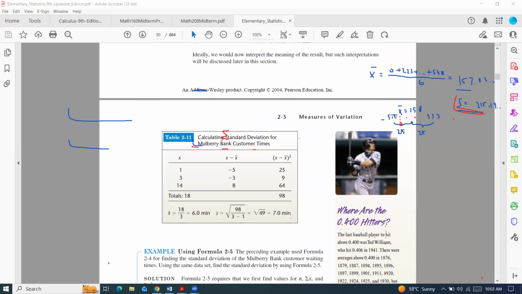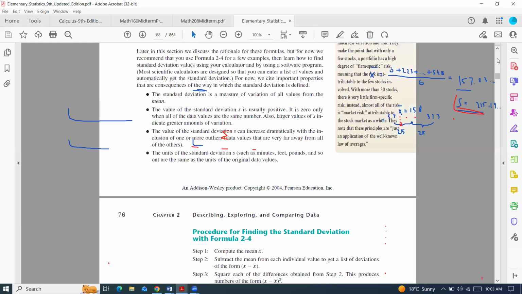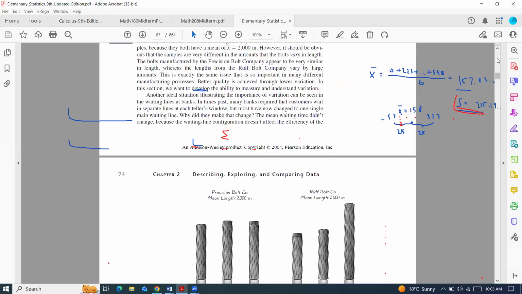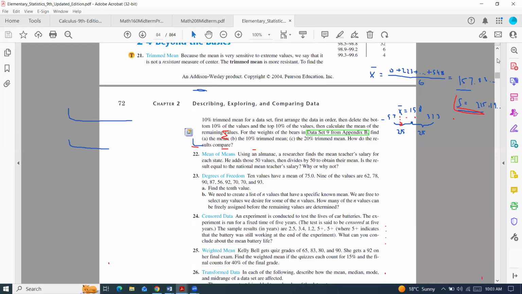But for us, all we want is to use a calculator, and the calculator will give you the answer right away. It doesn't care if you have only 3 elements in your sample, or 23, or 233, or whatever. You just put this in the calculator, copy and paste.